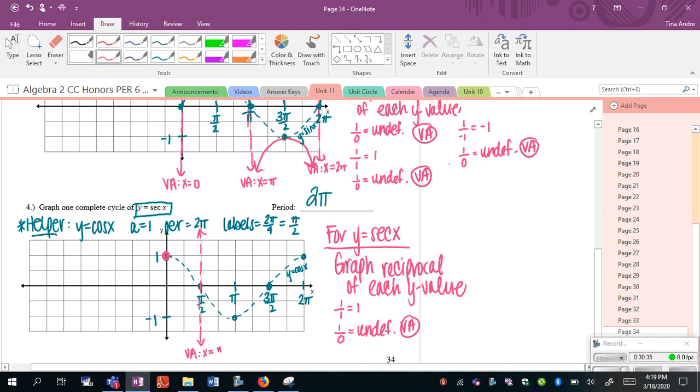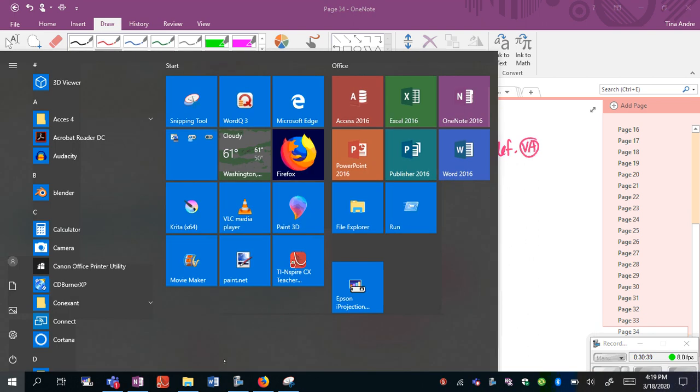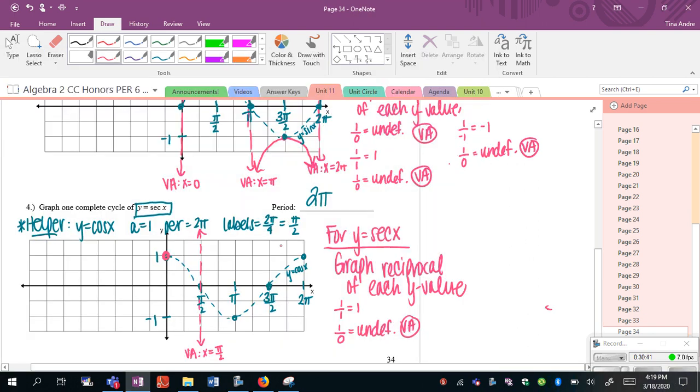So my vertical asymptote would be pi over 2. And then following this same pattern, the reciprocal of 0 when I'm at 3 pi over 2 is just going to be undefined. So I know there's another vertical asymptote there. The reciprocal of -1 is going to be -1. The reciprocal of 1 is going to be +1.